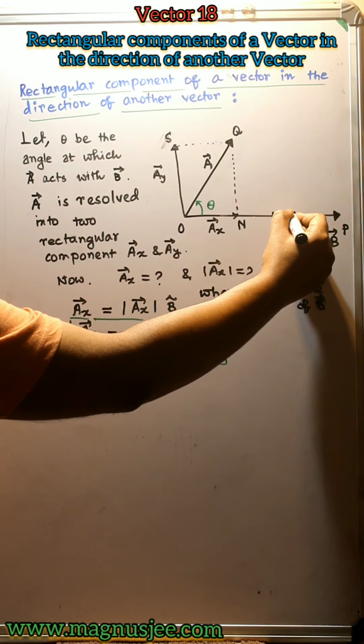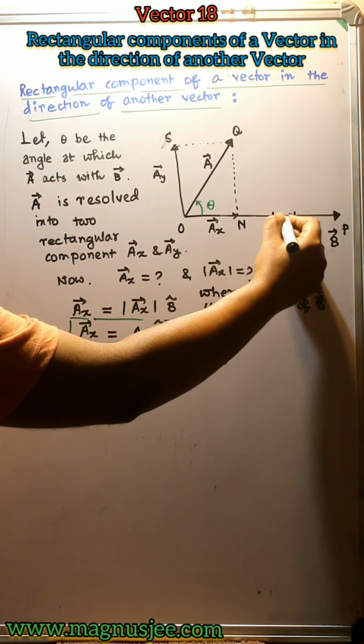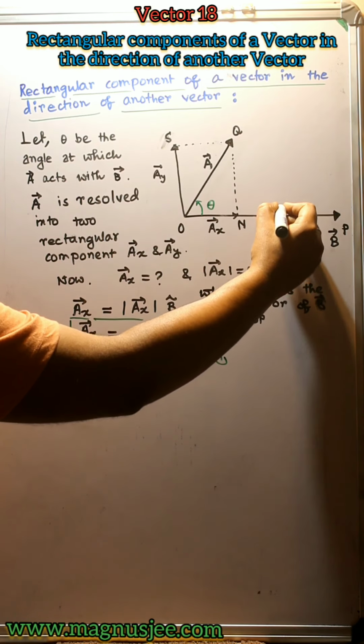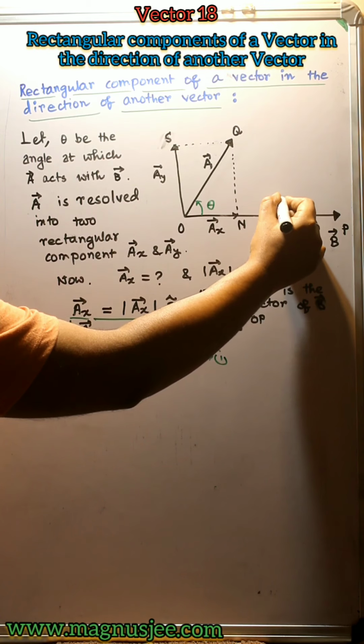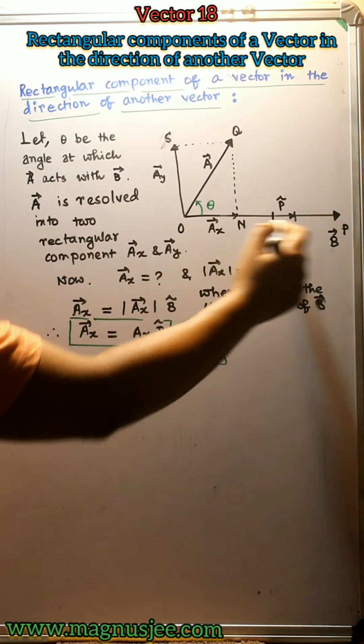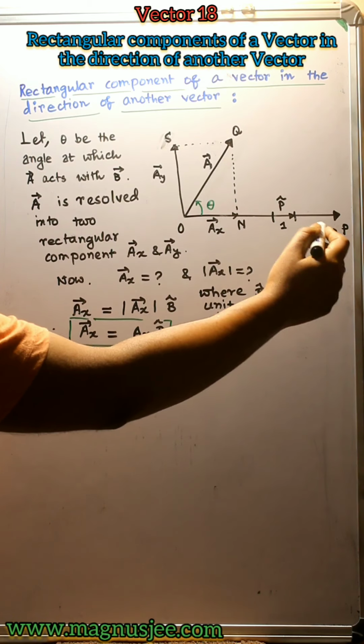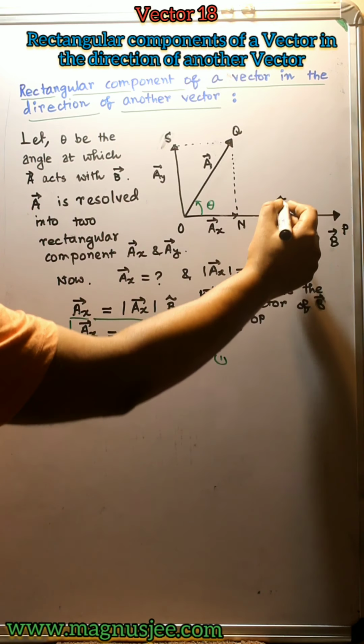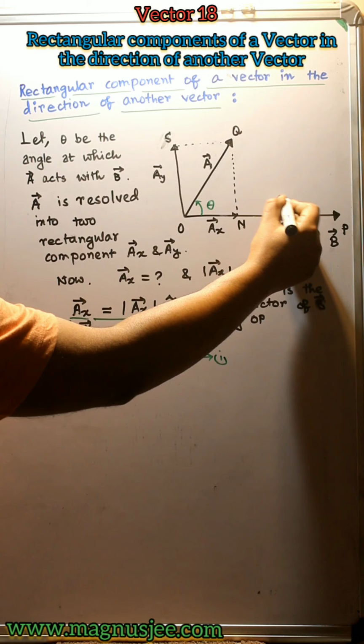On vector B, we consider a small vector having magnitude 1, and this is B cap, which acts in the direction of vector B.